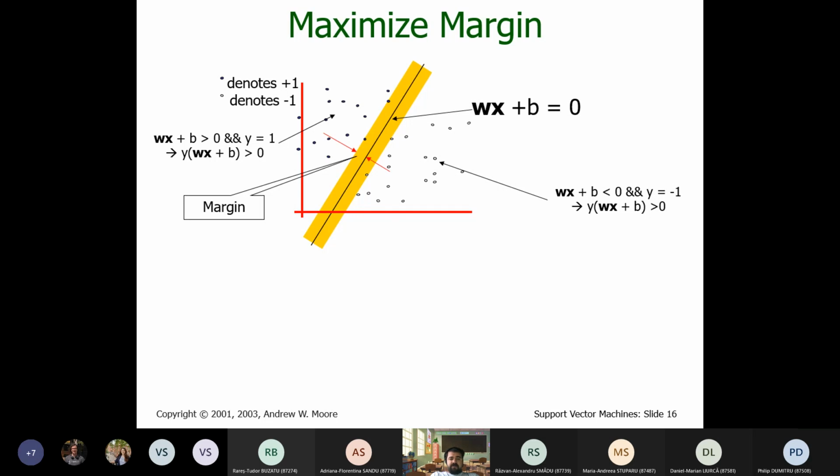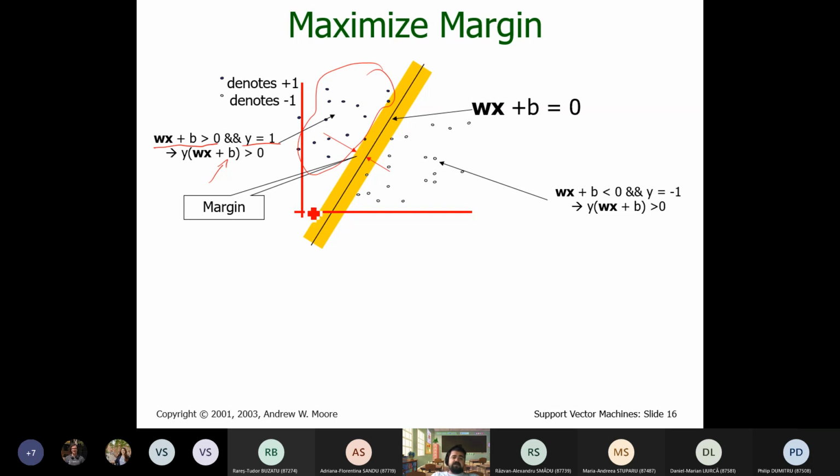If we have positive points that are somewhere placed around here, we will have for them wx plus b to be greater than 1 and the class y equal to 1. So the product, we will do something similar to what we did in the perceptron. We'll make the product of the class multiplied with the estimation of that point.